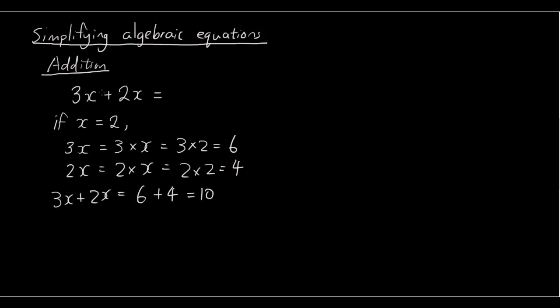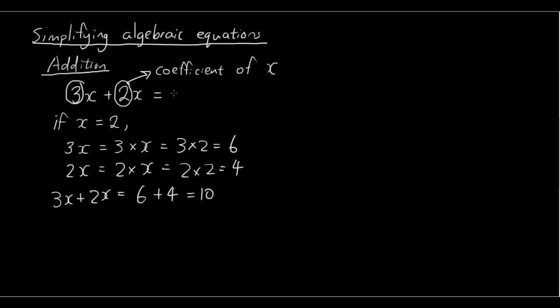Now, when you are adding algebraic terms, it's actually easier to just add the number in front of x, and we call this the coefficient of x. And when you're adding algebraic terms, you actually only add the number in front.